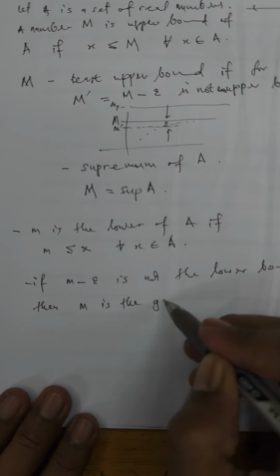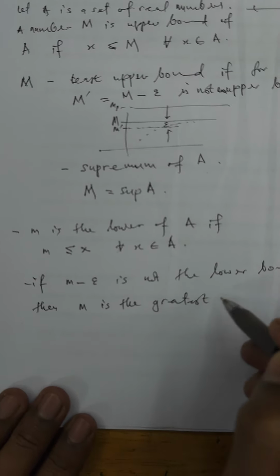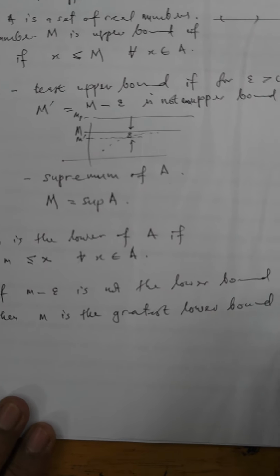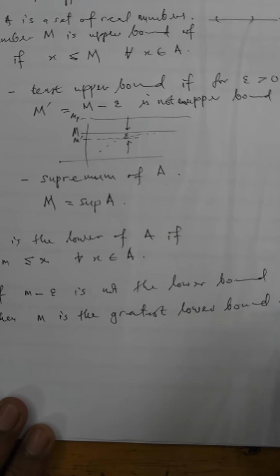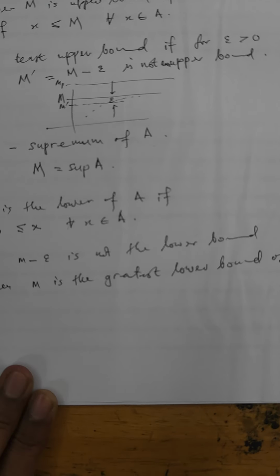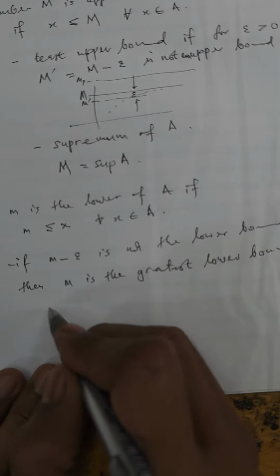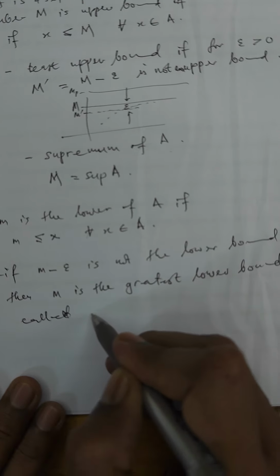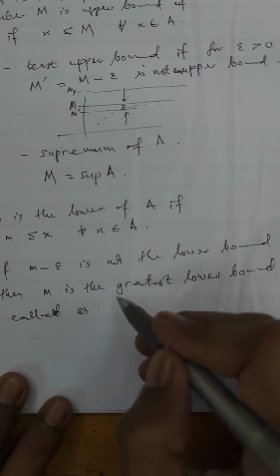We got the greatest lower bound of A, and we call this infimum.